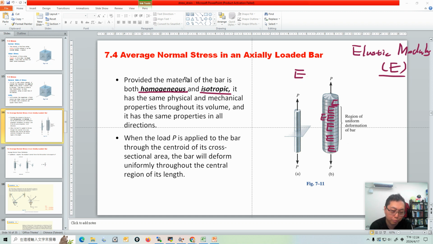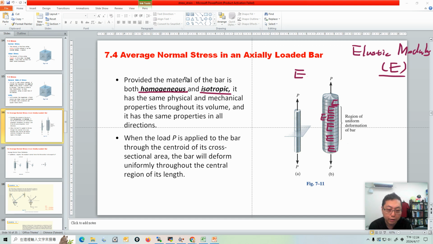There is always some impurity and some defect in the material, so it's common sense that the physical and mechanical properties can't be the same in every part.